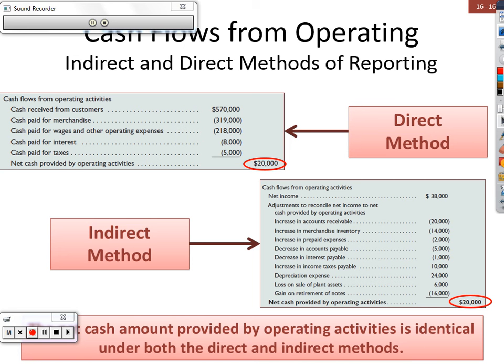So increase in accounts receivable. If it's an increase in accounts receivable, why are we reflecting it negatively? Because it's a liability, right? Accounts receivable? What kind of account is accounts receivable? It's an asset. But why would we decrease?